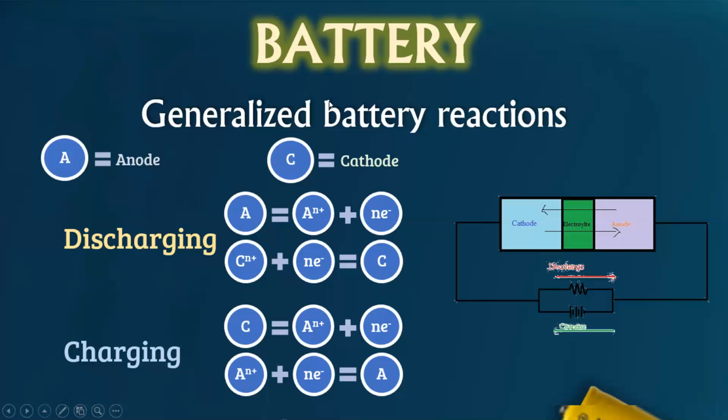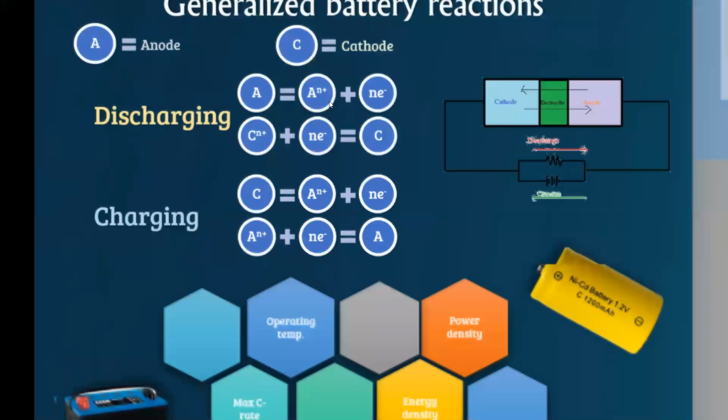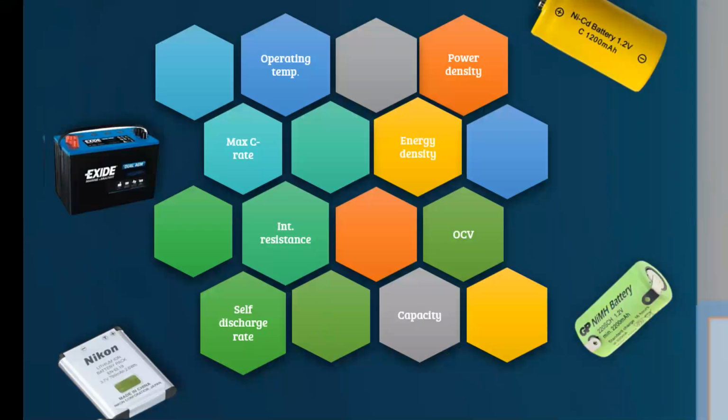Now I'll move on to the different measurement parameters of the battery. We can measure the operating temperature, the maximum C rate, the internal resistance, and we can also measure the OCV, open circuit voltage.